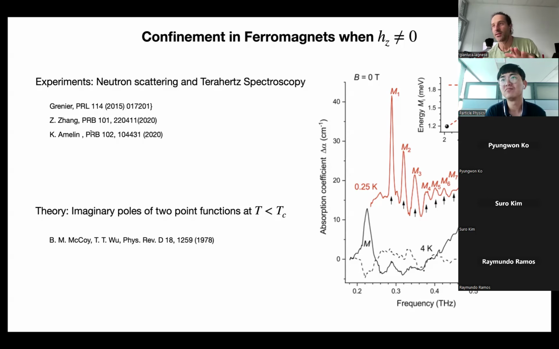So theoreticians are saying to experimentalists: realize this spin Hamiltonian, realize this spin model, and try to see this effect. This is going the other way around at this point.